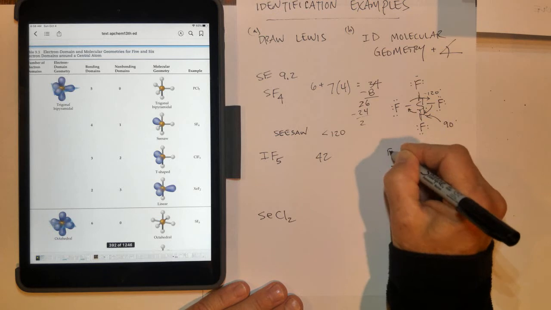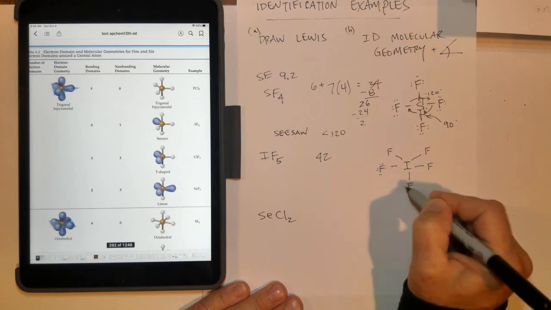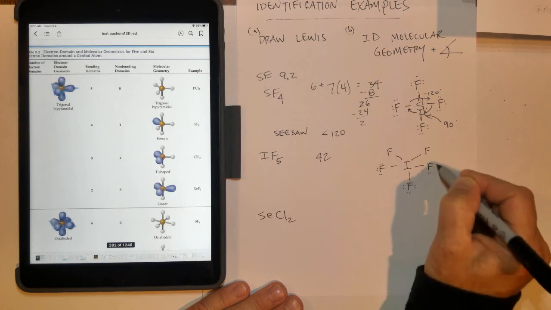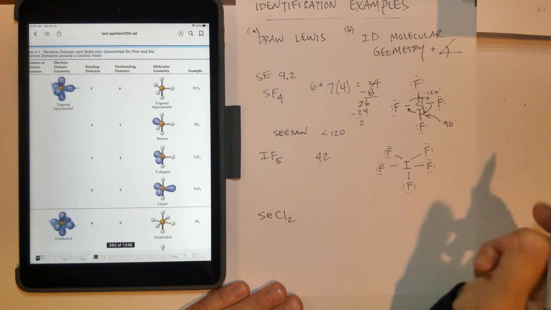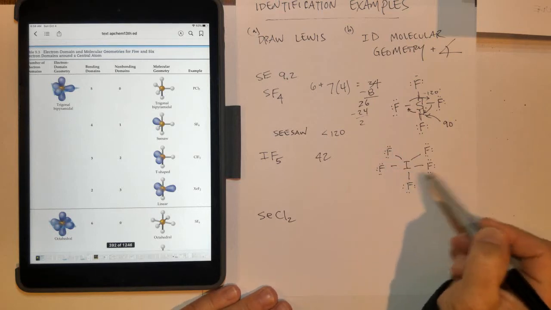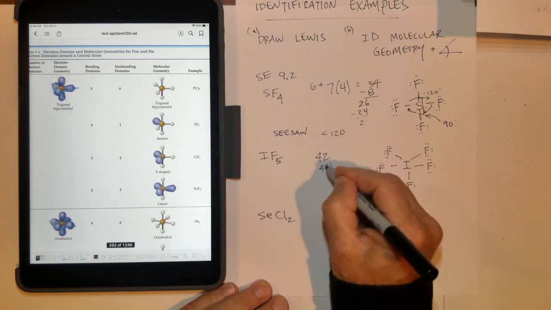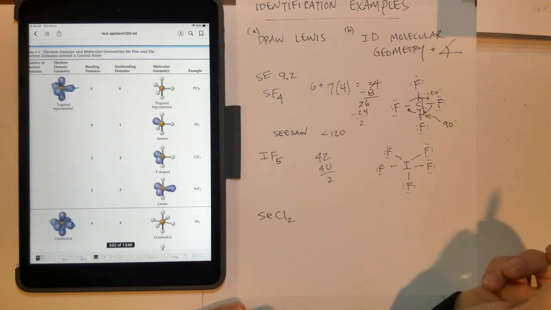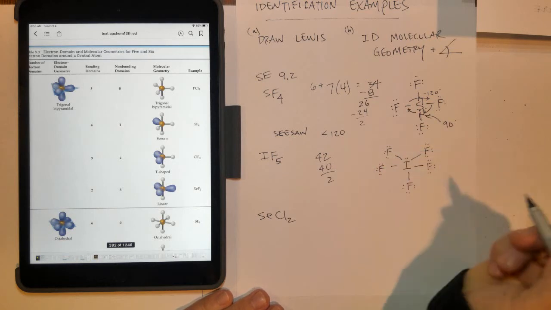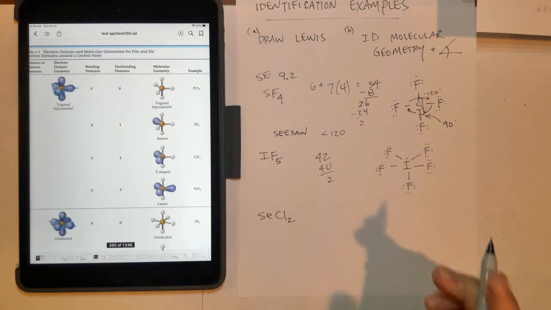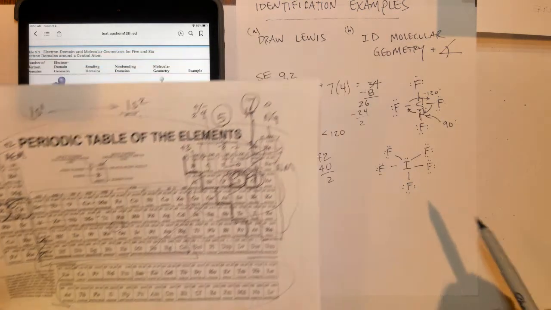Add unshared pairs of electrons to complete the octet for fluorine. So this is 8, 8, 8, 8, and 8. So 5 times 8 is 40. We've used up 40 electrons. 42 minus 40 is 2. That means we have 2 extra electrons to put on the iodine. Remember, iodine is third period or below, so we can go ahead and expand the octet on the iodine.